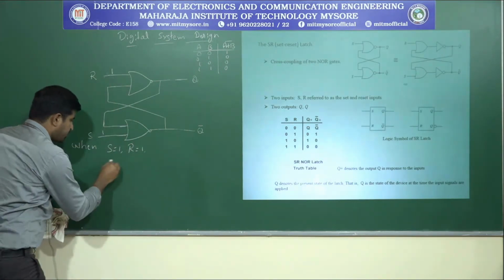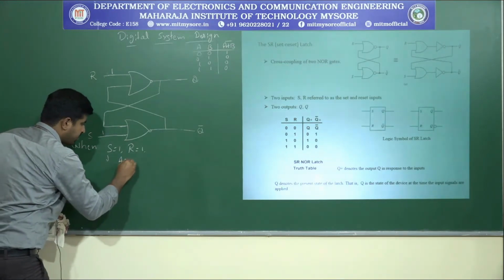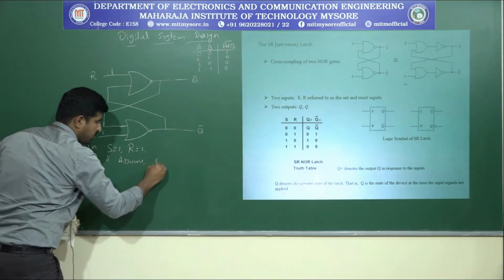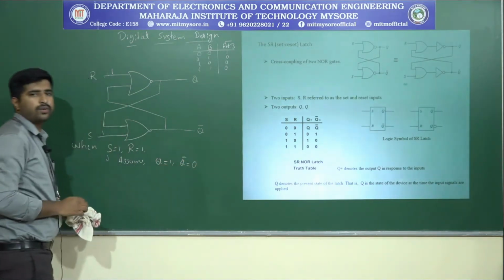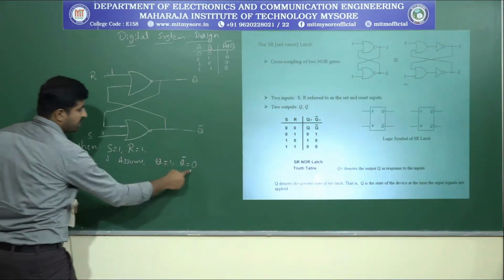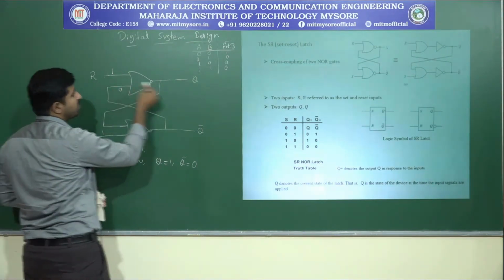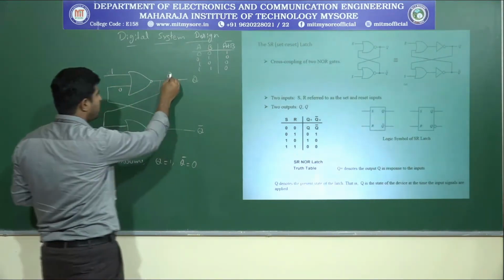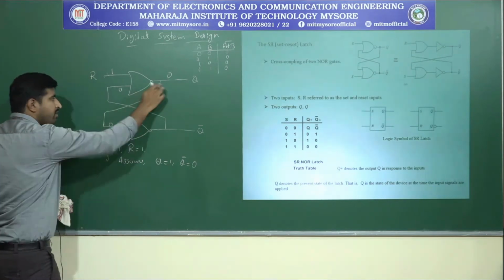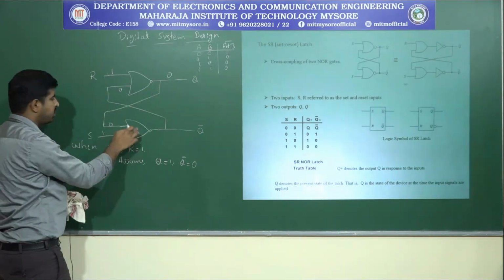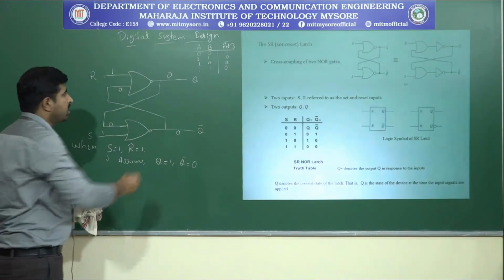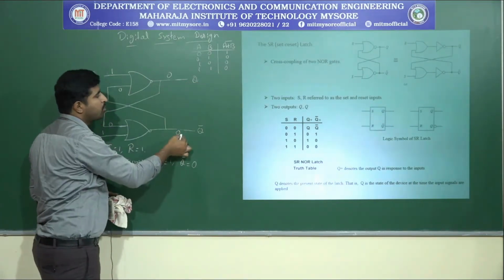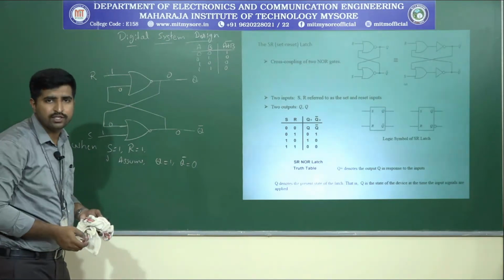Let's assume the present state Q equals 1 and Q bar equals 0. Then we are giving a 0 here, so 0 plus 1 output will be 0, and this 0 is fed to the next NOR gate, which gives again a 0. Here both outputs, Q plus and Q bar plus, are 0.